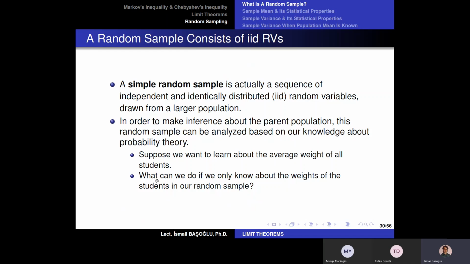My question is this: what can we do if we only know about the weights of the students in our random sample? I am interested in knowledge about the average weight of all Özyeğin University students, all of them. But the only information I have is the weight of 100 students. So what can I do with that?